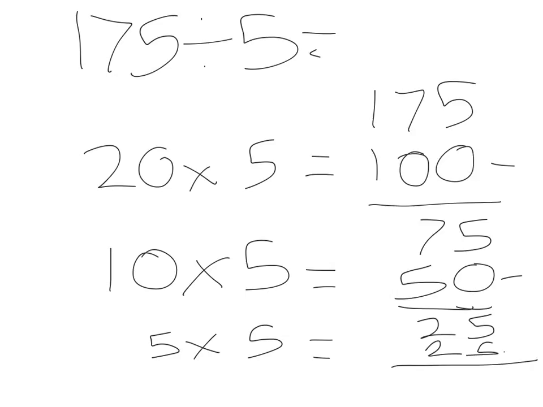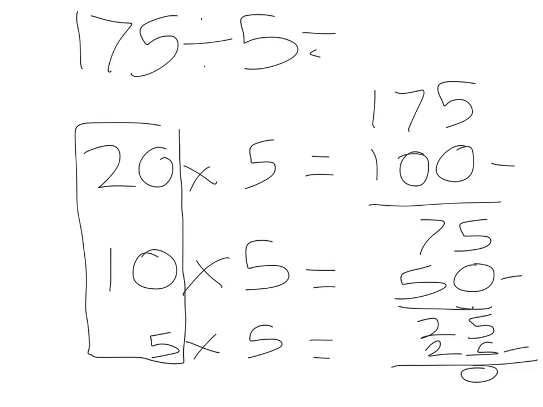Subtracting those leaves me with 0. Now I've done 3 calculations, so I need to add together the 3 numbers that I have multiplied 5 by. I've got 20, 10, and 5. 20 plus 10 is 30, plus 5 is 35. So therefore, 175 divided by 5 must be 35.